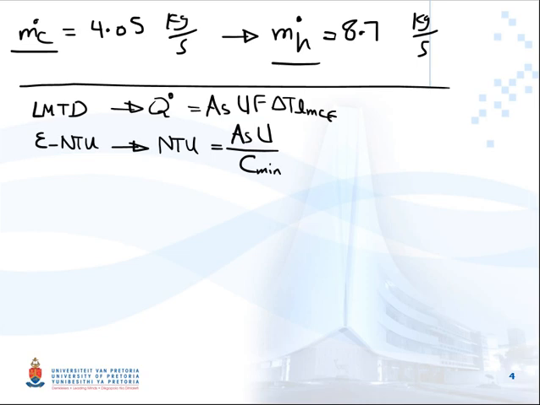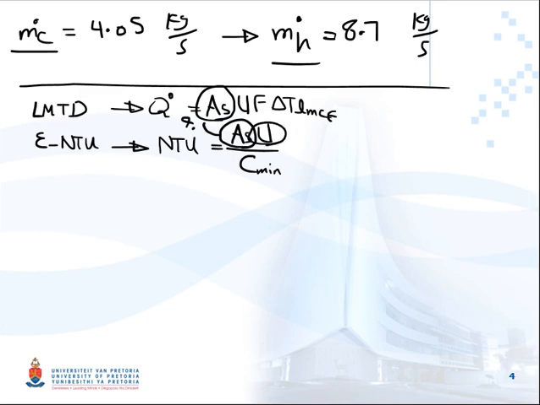So we realize that the question is asking us to find the number of tubes. To find the number of tubes, we need to find A_s first. In those two cases we said that it doesn't matter which method we are going to use.